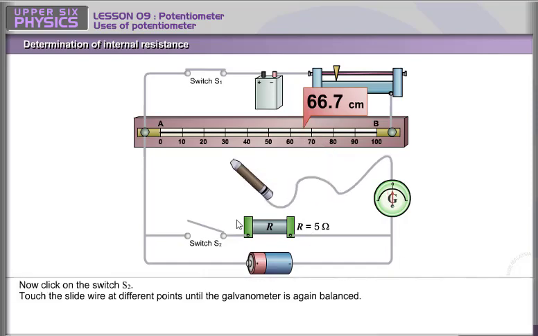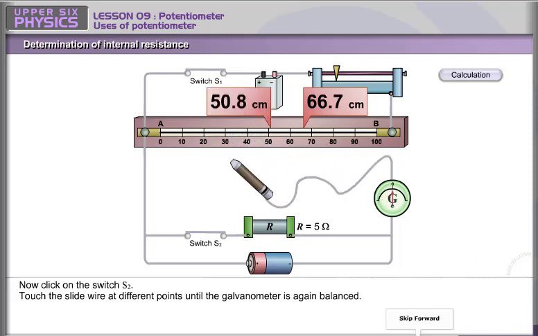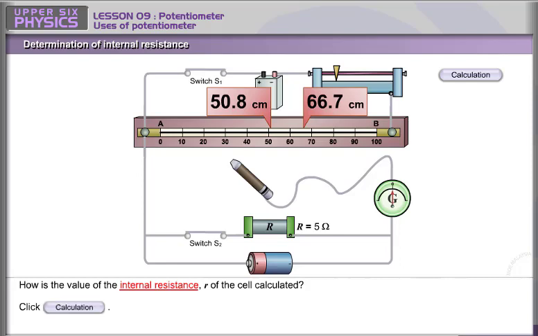Now click on the switch S2. Touch the slide wire at different points until the galvanometer is again balanced. How is the value of the internal resistance r of the cell calculated? Click the calculation button.